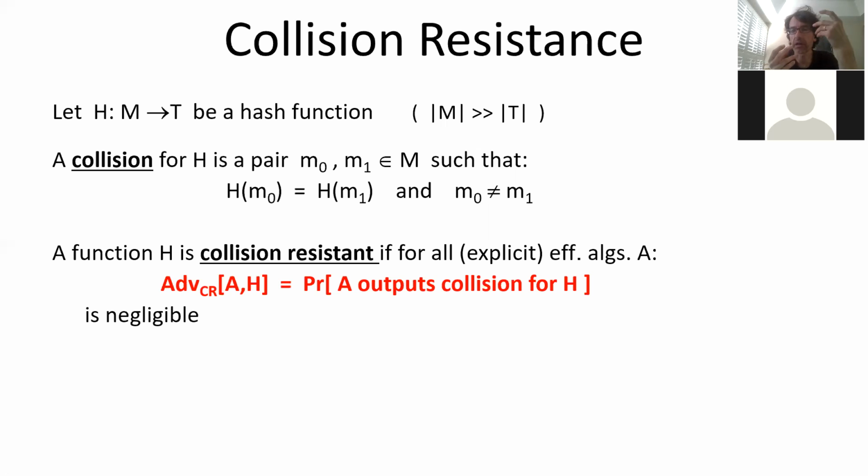In a PRF, what was the randomness? It was the choice of the key. The box is created either as a PRF on a random key or as a completely random function, and the adversary queries inputs, gets outputs, and says it cannot tell between the two.